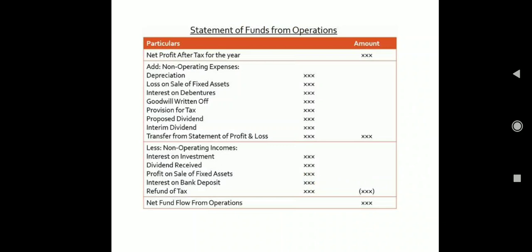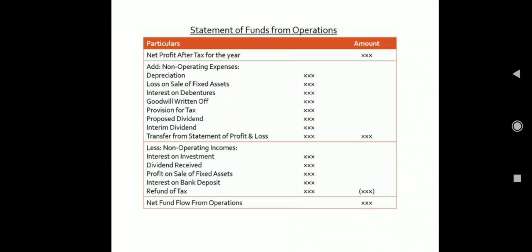Please listen here clearly: it's not necessary that all the expenses and losses appearing in the profit and loss account to calculate our net profit involve any payment in cash. That means those are your non-cash items.